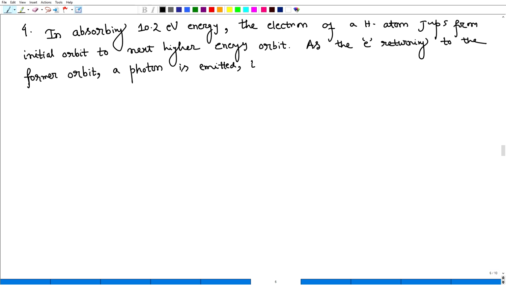They ask what is the wavelength of the photon.